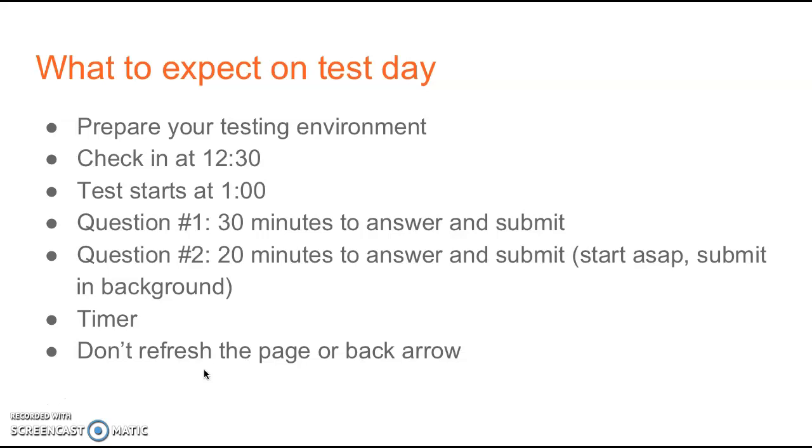Don't wait for question 1 to submit, because as soon as you hit the submit button, it'll submit in the background as you're working on question 2. So as soon as you submit question 1, you wait for question 2 to start, and you start question 2 as soon as possible to give yourself the best chance to answer as many questions as possible. And then once question 2 is done, you submit that before the 20 minutes are up, and that's it.